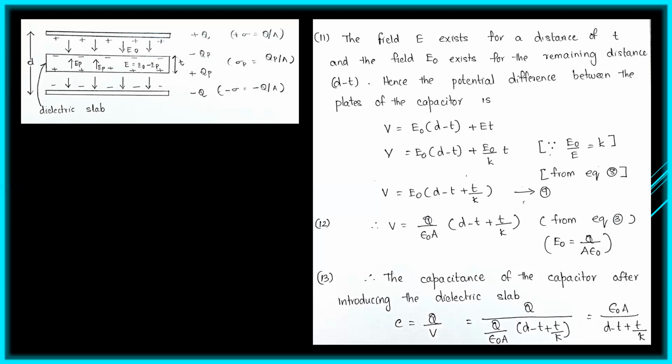So in brief, what I want to tell you is that the electric field E exists only inside the dielectric for a distance of t, and E naught exists for the remaining distance d minus t. Once again, I repeat, electric field capital E exists for a distance of t, that is the thickness of the dielectric, and E naught exists for the remaining distance, that is d minus t.